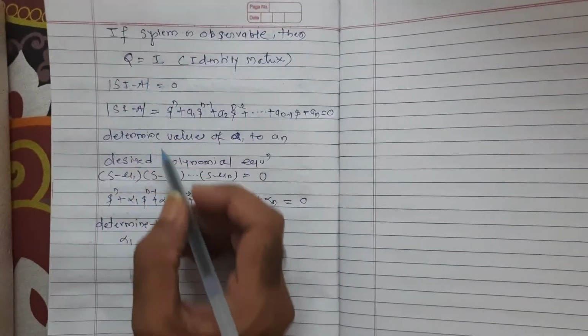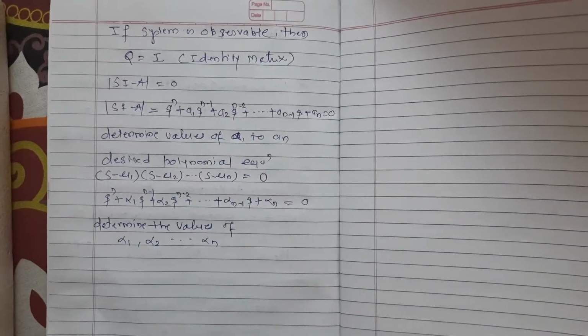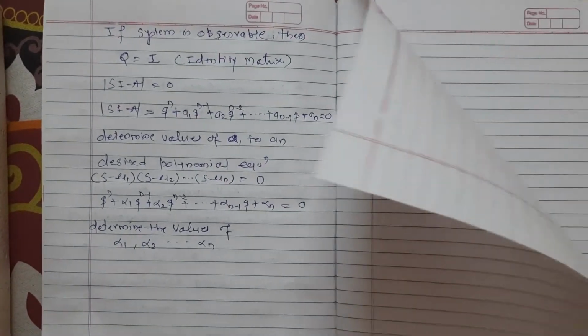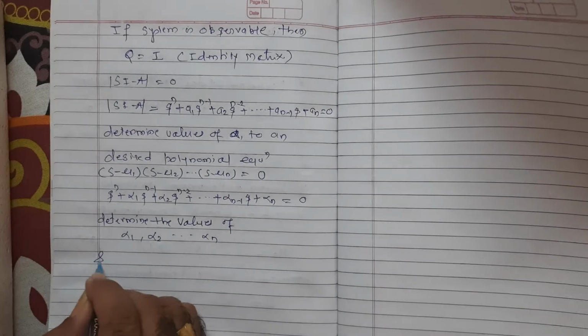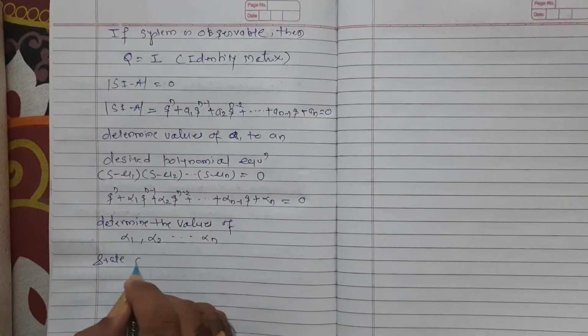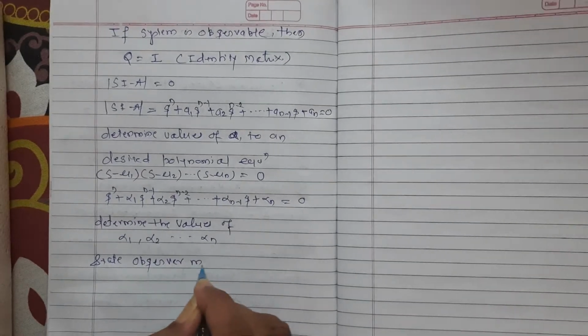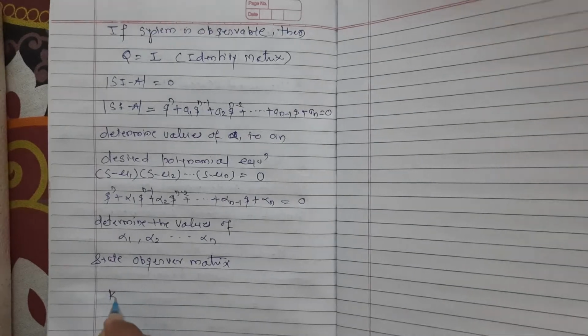Now we know Q, we know a, and we know alpha, so we can find out the state observer matrix. It is denoted by Ke.